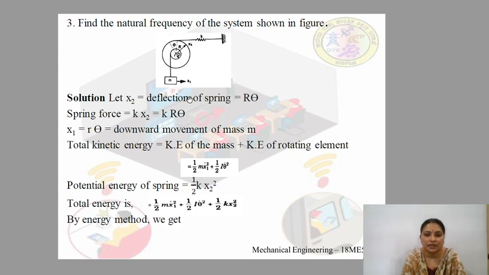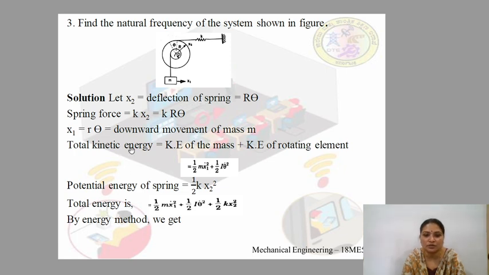Now x1 is the displacement of the mass, so x1 is equal to small r into theta, it is the downward movement of the mass m. Using these two displacements, we can further continue with finding the total kinetic energy.